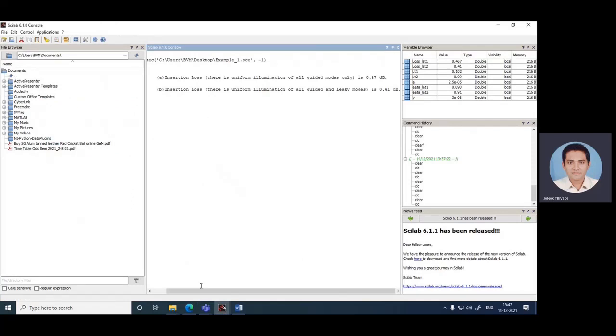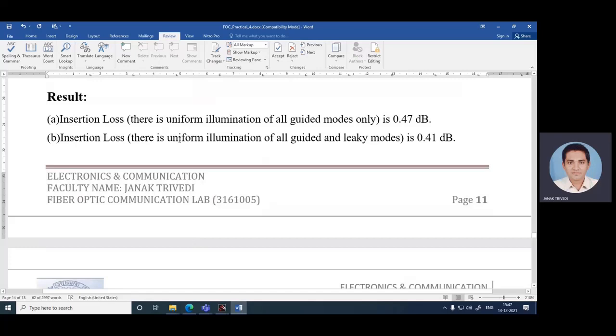You can see the insertion loss, with a uniform illumination of all guided modes only, is 0.47 dB, and the insertion loss with a uniform illumination of all guided and leaky modes is 0.41 dB. This is the variable browser, where you can check the results for L suffix T1, L suffix T2, loss and efficiency for both cases. So finally we got the same result as in this particular document.